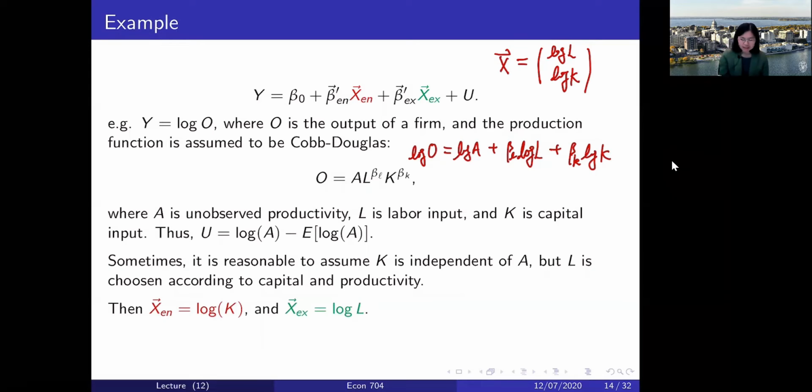All right, so this is a model with two causal variables. In this model, y equals beta 0 plus beta 1 prime x plus u, where beta 0 is the expectation of the log of productivity.